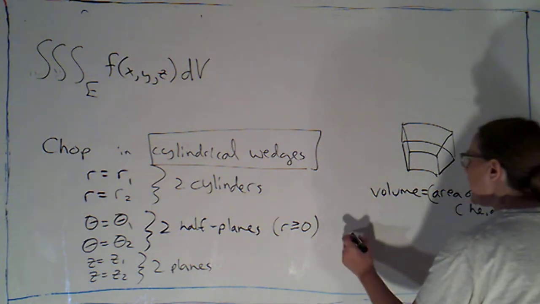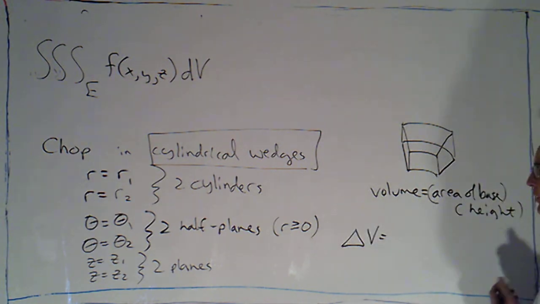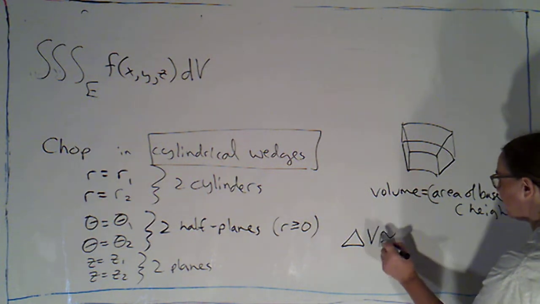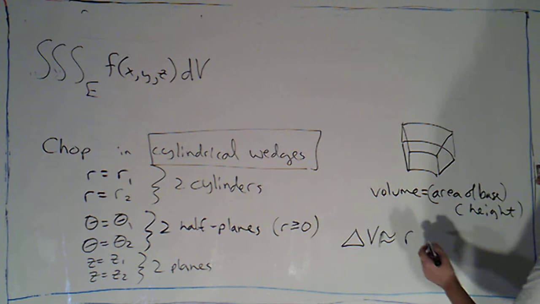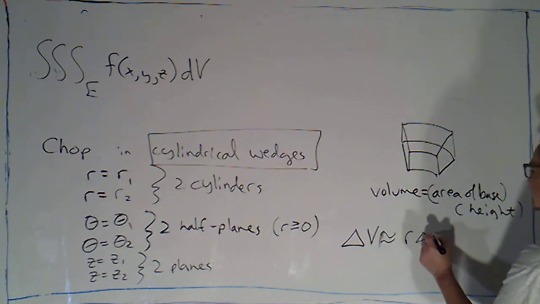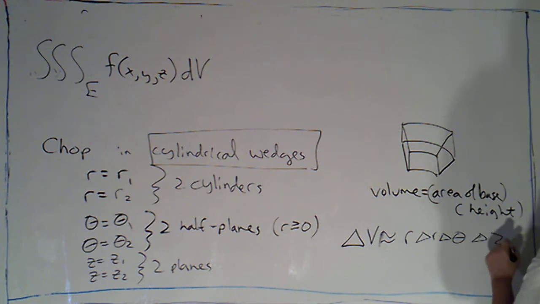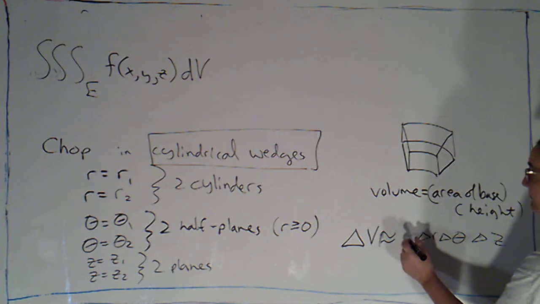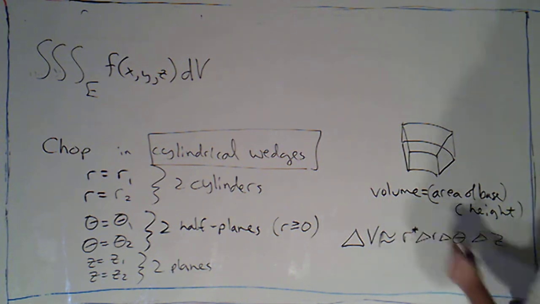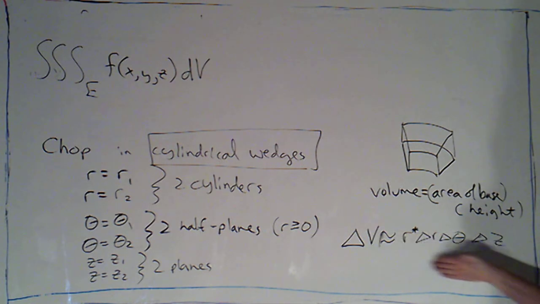So essentially my delta V here would be approximately an r value, where I'd have some representative r value, times delta r, delta theta, delta z. And actually, I know it's exactly, if I were to choose the average radius, I'll just put r star here. If I were to pick the average radius here, that would give me the exact volume. This would give me the approximate volume.